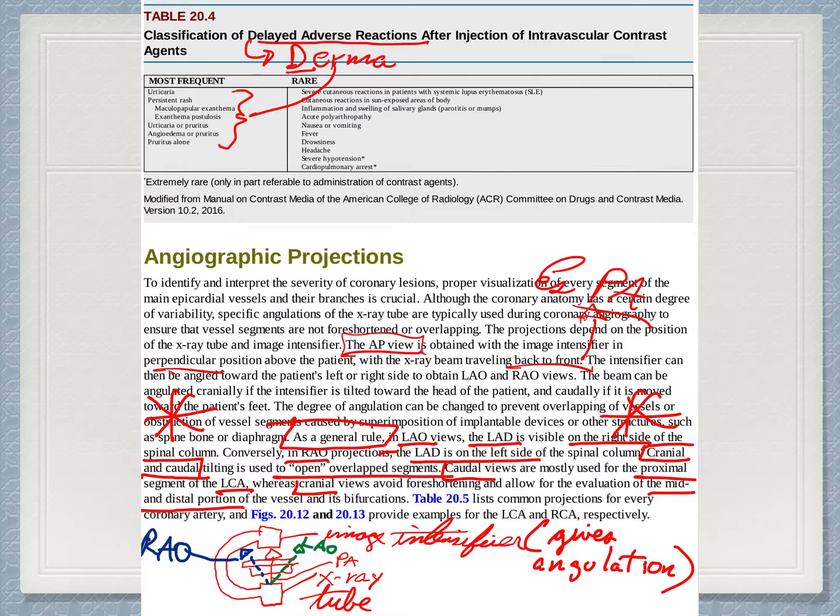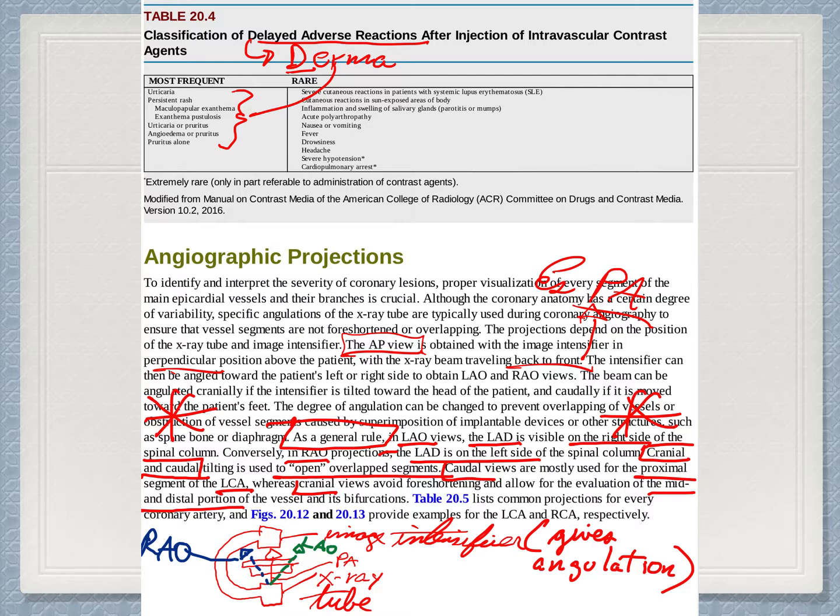What are the angiographic projections? Now we'll talk about this. And before going into this, I'll explain what we see in this slide, and then we'll go out of Braunwald's book and into a nice website. Let's see. First, the PA view.